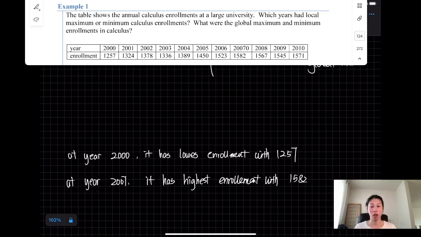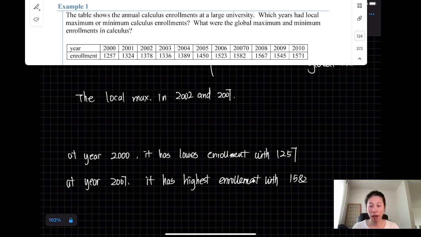So what about the local maximum? The local maximum is in 2002 and 2007.